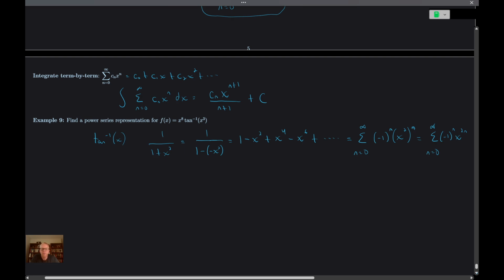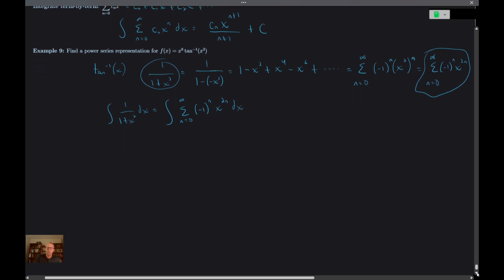So now, what happens when we integrate 1 over 1 plus x squared? And what happens when we integrate the sum from n equals 0 to infinity, negative 1 to the n, x to the 2n dx? So these two are equal. So let's just integrate both sides and see what happens.